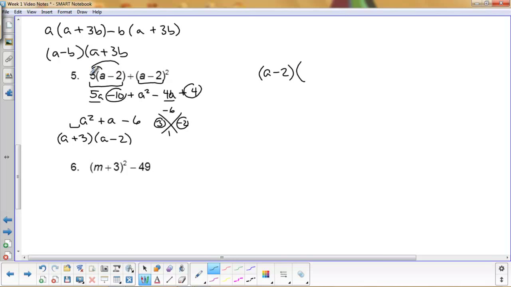Well, if I divide a minus 2 from 5a minus 2, the only thing left there is 5. If I divide a minus 2 from a minus 2 squared, then what's left there is a minus 2. And then I'm going to go ahead and rewrite that by combining like terms, and I get a minus 2 times a plus 3. So if you can see that, it makes it a whole lot simpler.